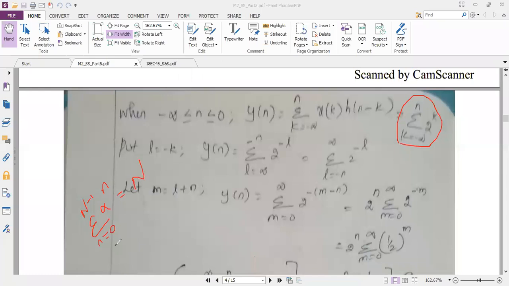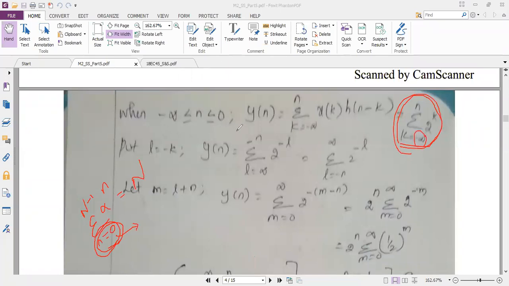So like that, I have the standard formulas where my lower limit of summation should start with 0. But here, in my answer for y of n, my lower summation value starts with minus infinity.